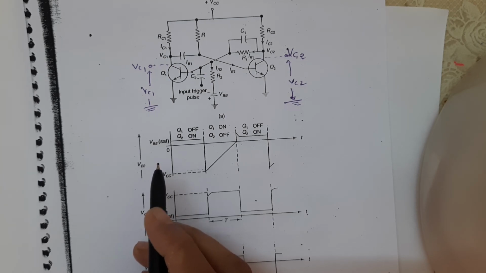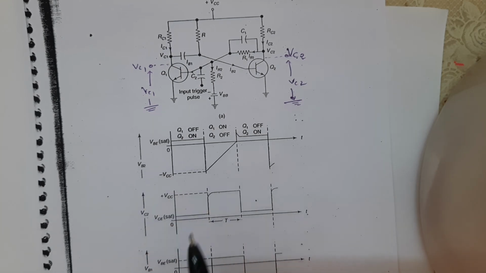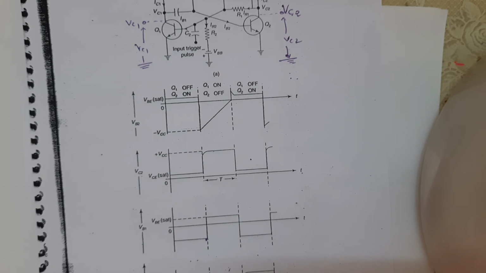At this instant, the voltage levels are: VB1 is negative, VC1 is equal to VCC, VB2 is equal to VBE saturation, and VC2 is equal to VCE saturation.